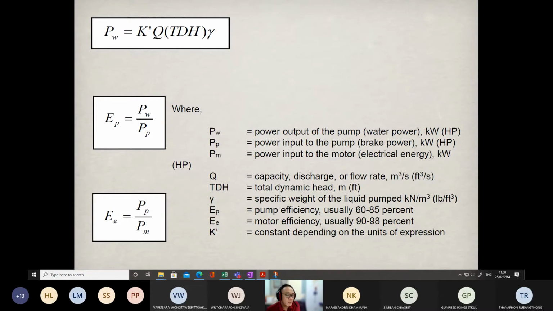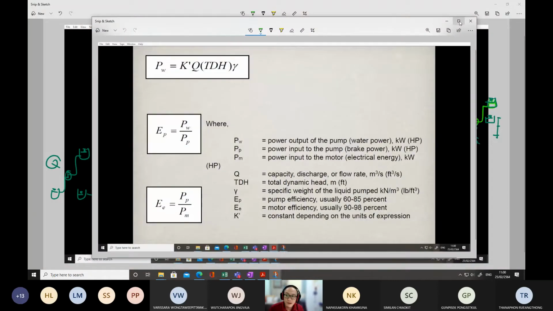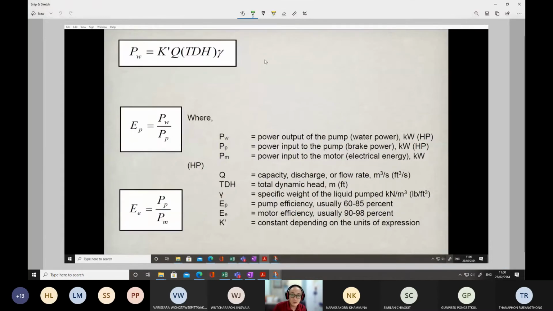The power required for the system is called the power output. The power output required for the system is equal to P equals gamma QH.